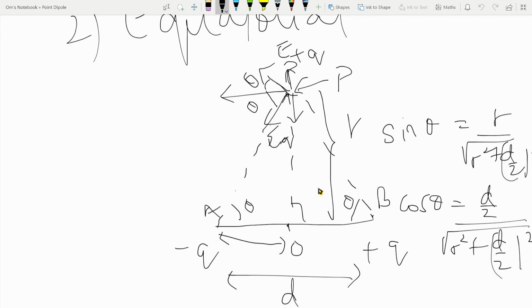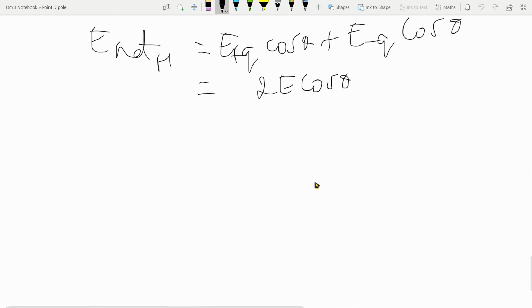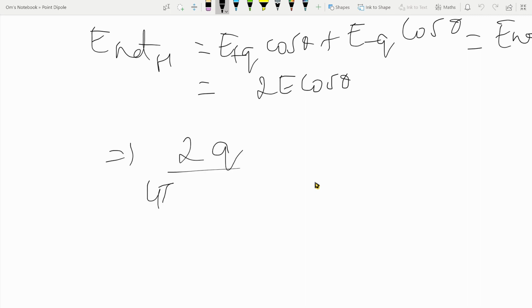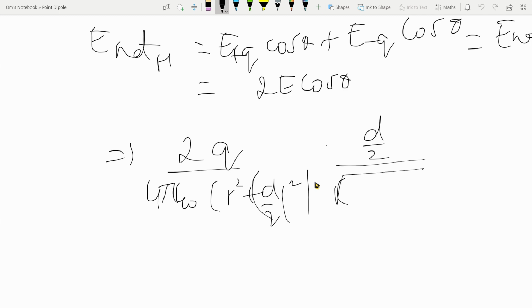So with this expression, we go back down and we write the magnitude of E net, which is basically E net itself. Right, so this is going to be equal to 2q by 4 pi epsilon naught times r square plus d by 2 the whole square, times d by 2 by root of r square plus d by 2 the whole square.